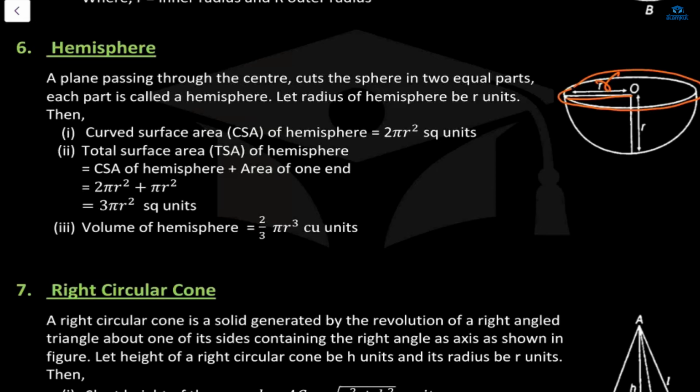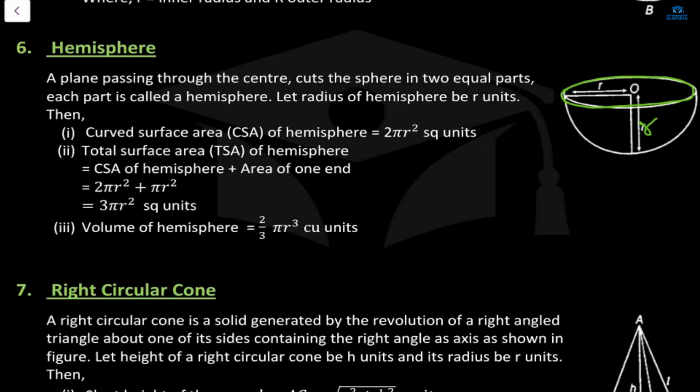Understood? What will be the area of this? Pi r square, because it is a circle. So you get 3 pi r square. The total surface area of the hemisphere is 3 pi r square.